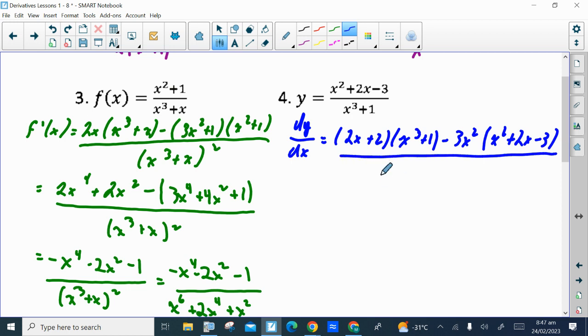All over the bottom squared. So again, we'll multiply out the top.